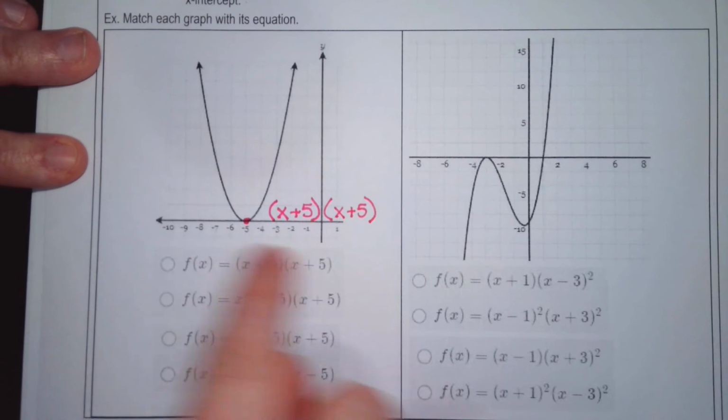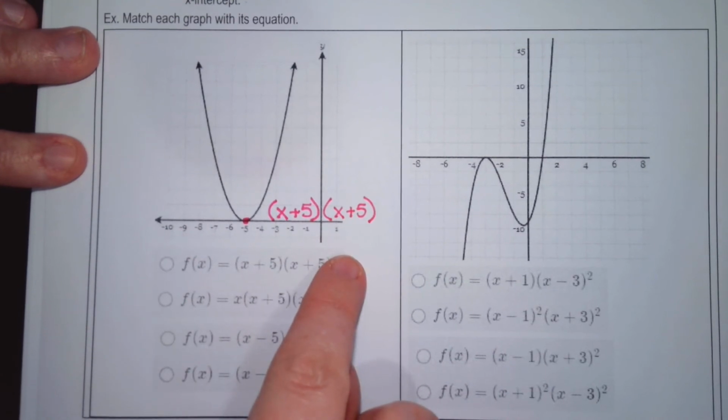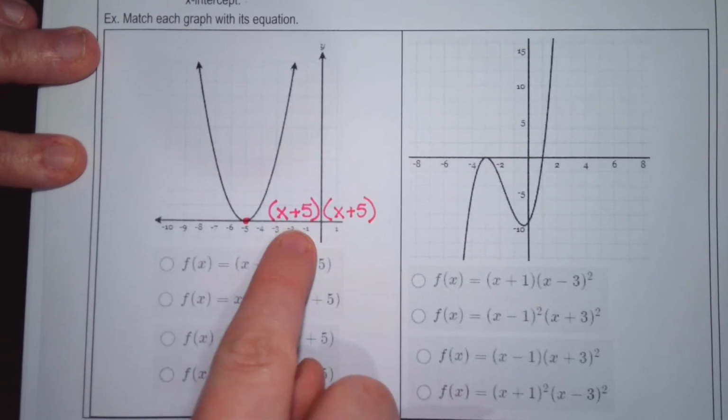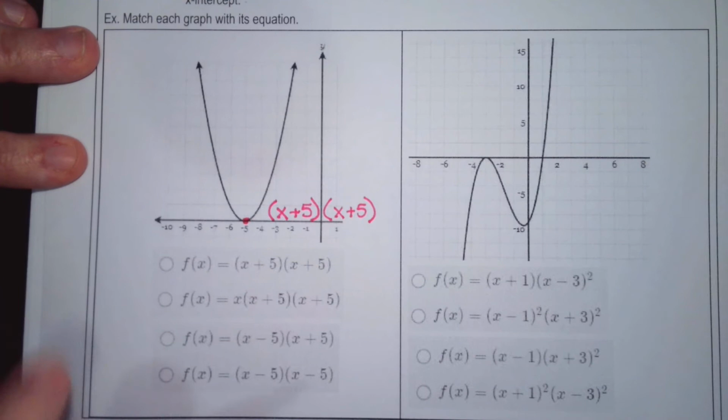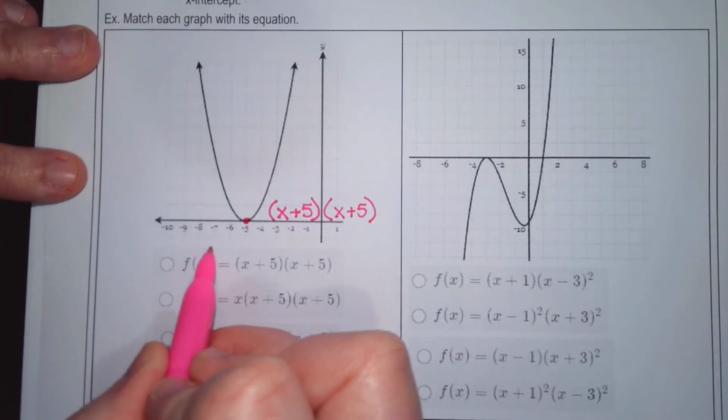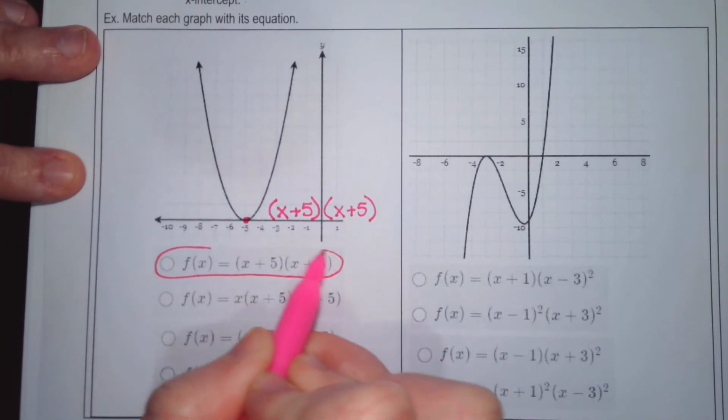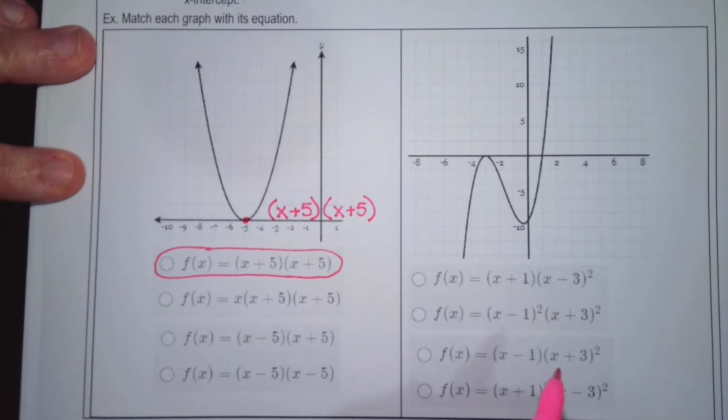Since there are no more x-intercepts, we're done. So now we just have to match what we just did from our multiple choice. And as you can see, it was our first option. So that is what we're doing here.